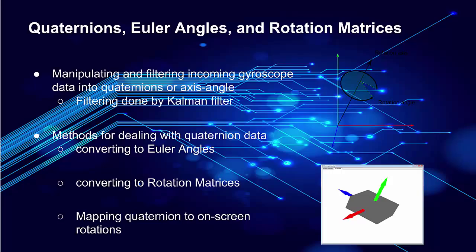The data that's sent to the program is in either quaternion form or Euler angle form, but it does not have rotation matrices. So a lot of time was spent creating a small library to interchange between quaternions, Euler angles, and rotation matrices for the gyroscope visualizer.